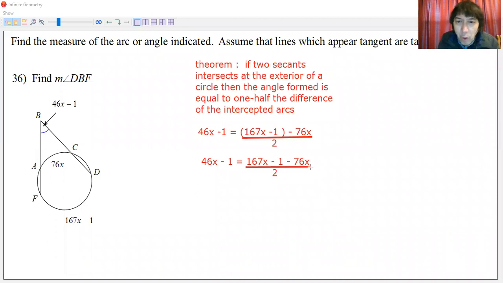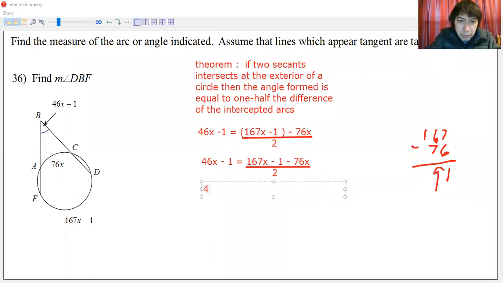All right, so combining like terms. 167 minus 76. What do we have there? 167 minus 76. This is 91x. So we have 91x at the right side.